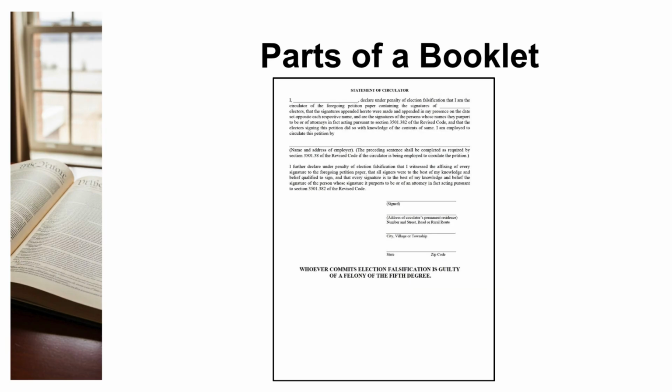So the last page of your booklet is your statement of circulator. Do not fill this out until you are all done with a booklet and you're ready to turn it in, okay? So you're going to write I, Billy Joe Green, whatever your name is there, declare, and so on. You're going to go through and count how many valid signatures you have in your book.